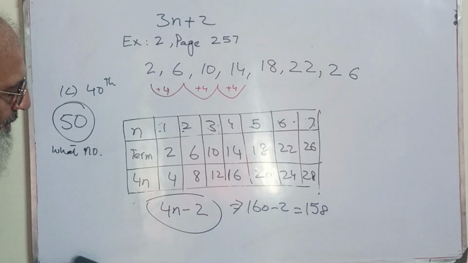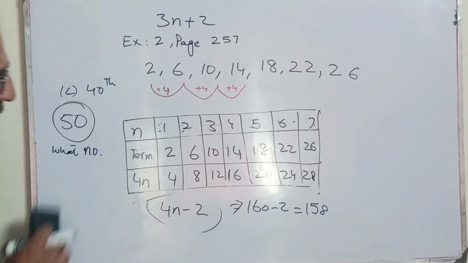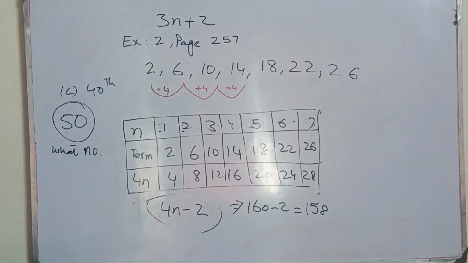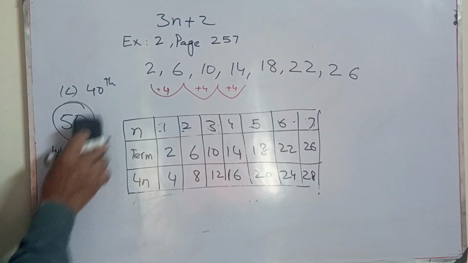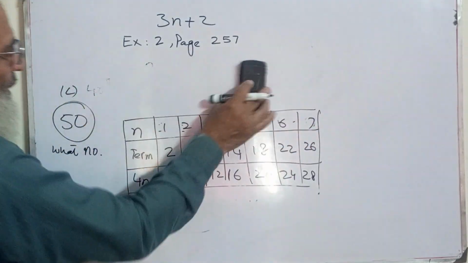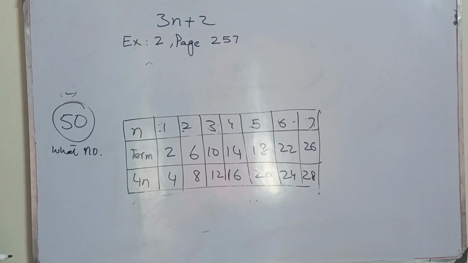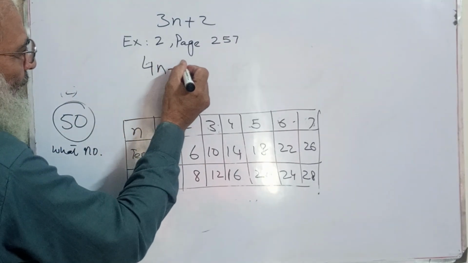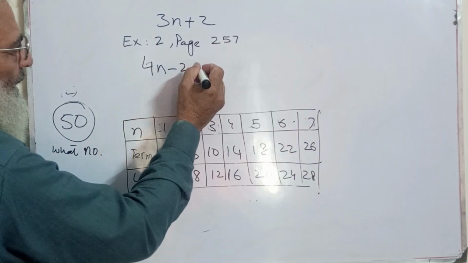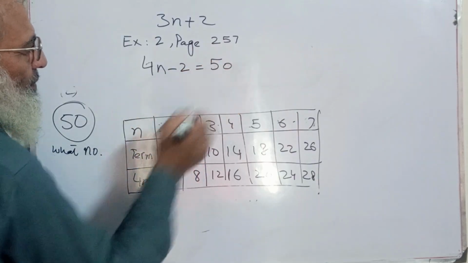So this formula which we have just formulated will be used here as well. Now I'll write here because I don't want to erase the table. Okay. Now 4n minus 2 was our formula here, and now it is equal to 50.